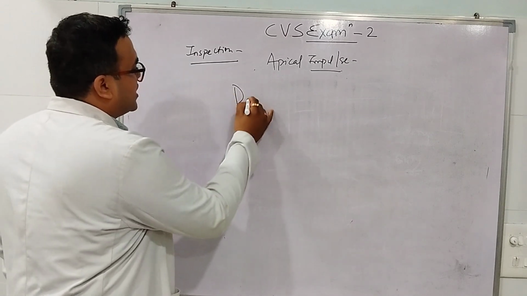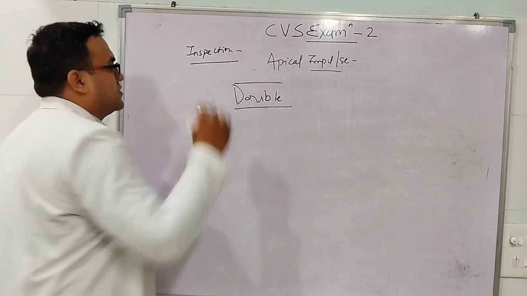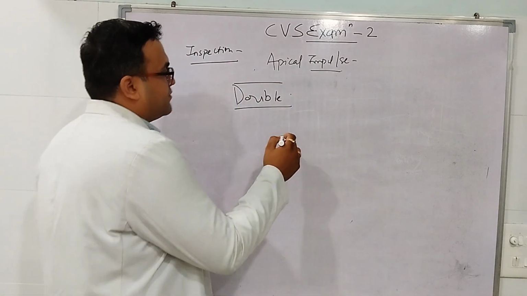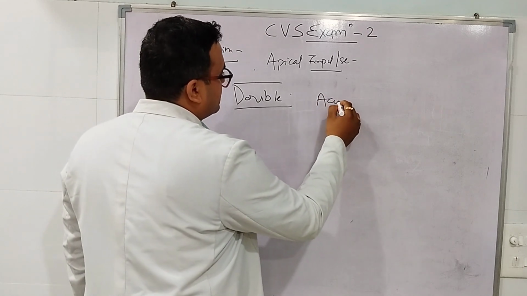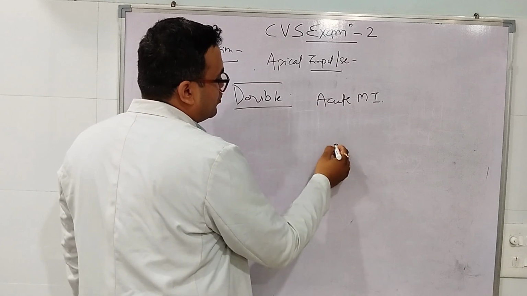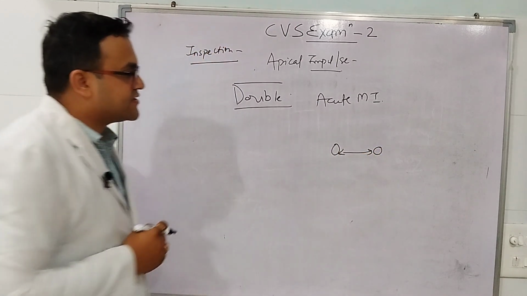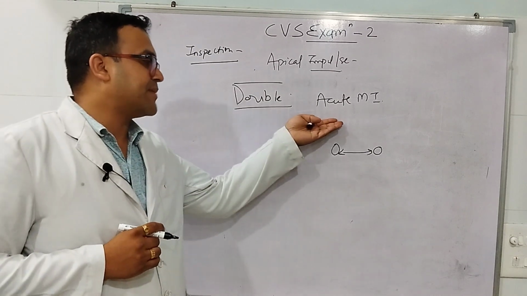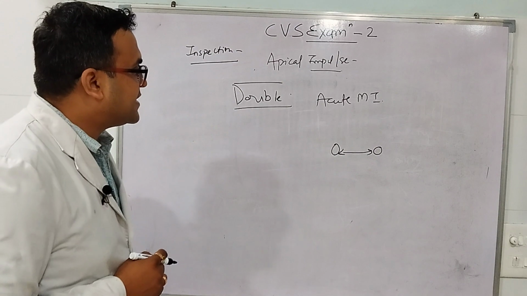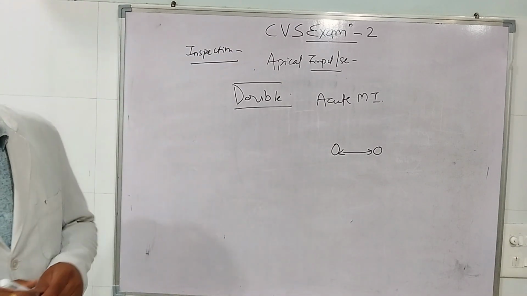Now coming to double apical impulse. In patients with acute MI, sometimes we can see two apical impulses which are separated by a few centimeters. So that is known as double apical impulse.